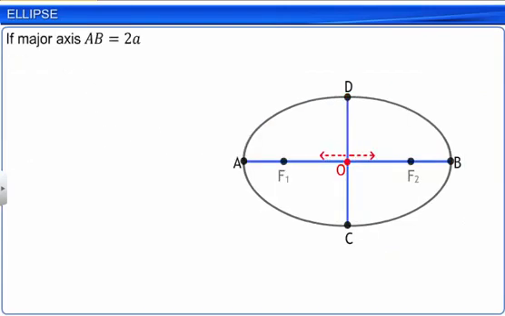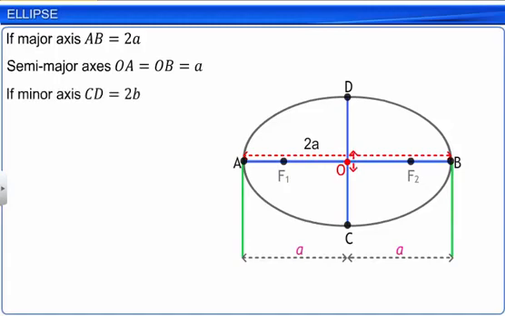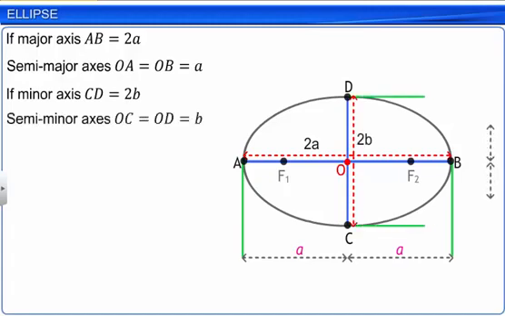If the length of the major axis of an ellipse is 2a, the length of each of its semi-major axes is a. Similarly, if the length of the minor axis of an ellipse is 2b, then the length of each of its semi-minor axes is b.